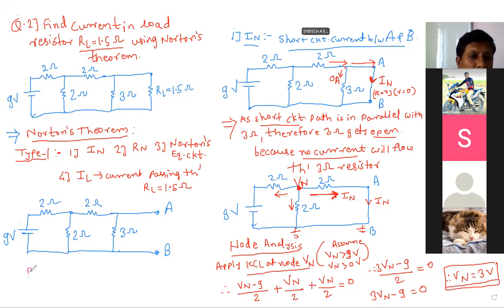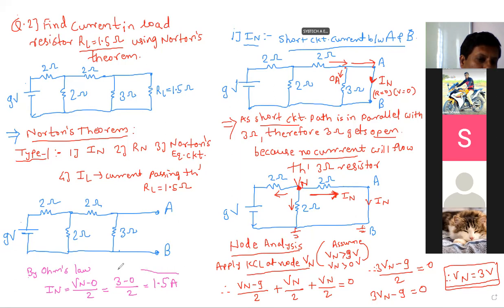Then by Ohm's law, IN is equal to Vn minus 0 divided by 2. Vn is 3, so 3 minus 0 divided by 2 will give us 1.5 amperes. So we got the answer for IN: IN is 1.5 ampere.